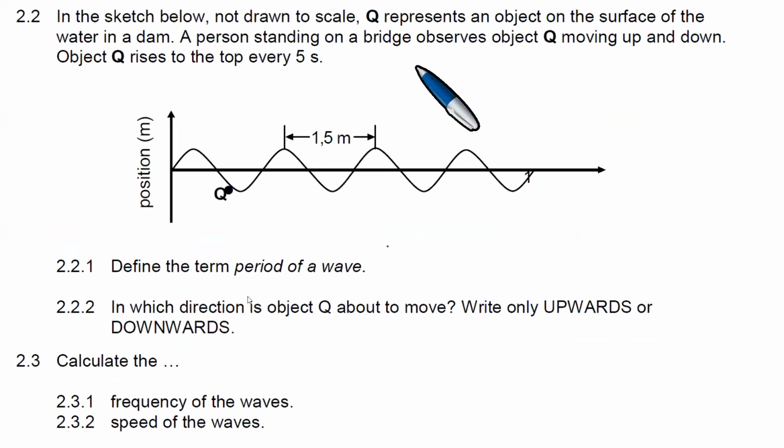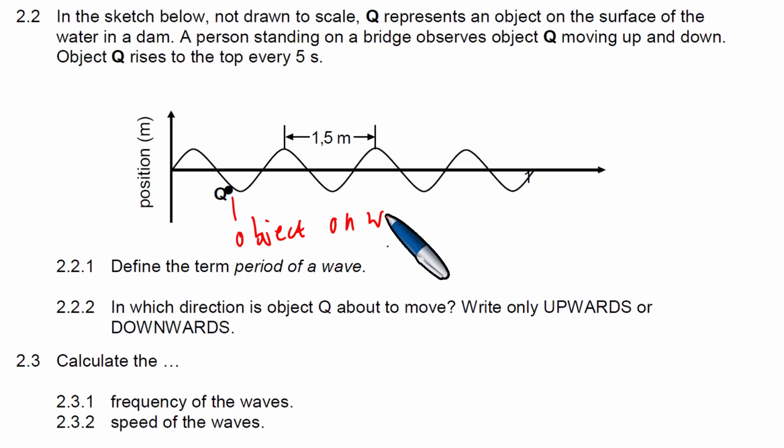Here's another question. In the sketch below, not drawn to scale, Q represents an object on the surface of the water in a dam. So this is an object on water.